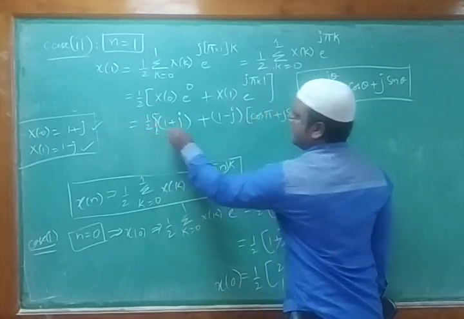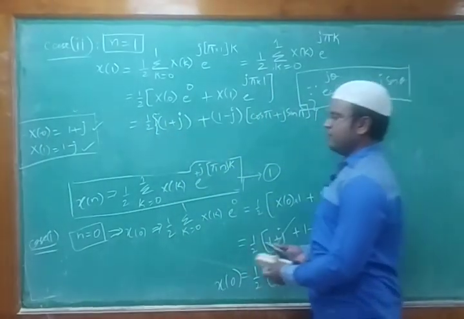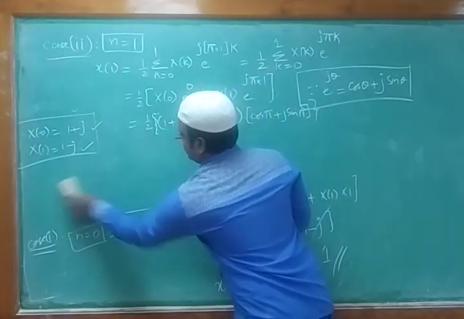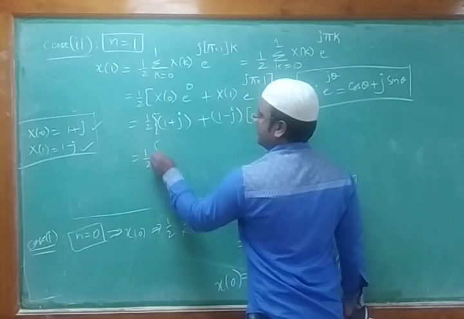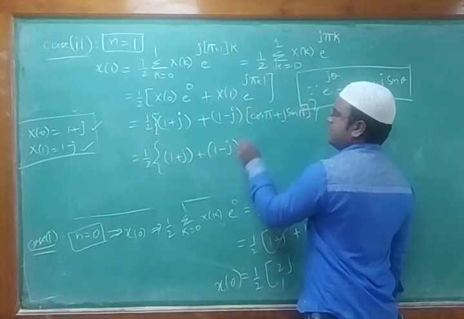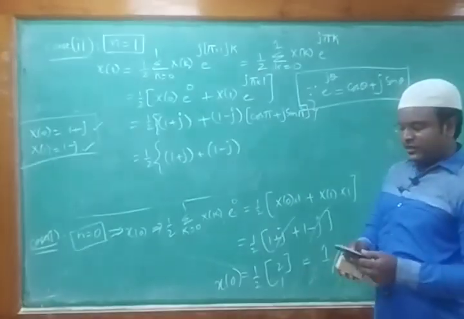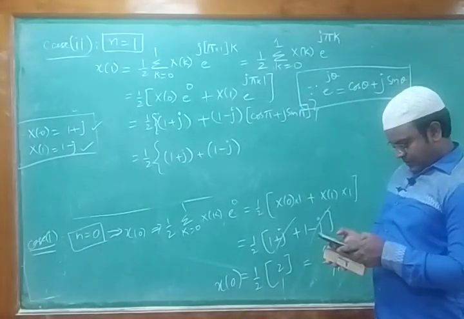So this we did. Now we'll substitute by using the calculator. By using the calculator, what will you get? So 1 by 2, 1 plus j as it is, plus 1 minus j. This value we will put in the calculator, so we'll see what answer we get.